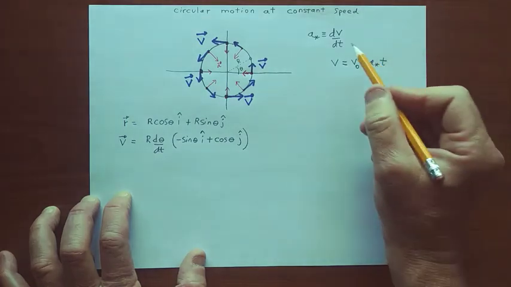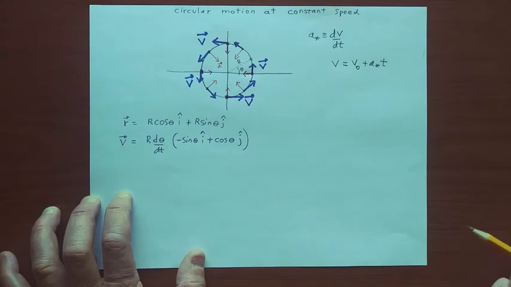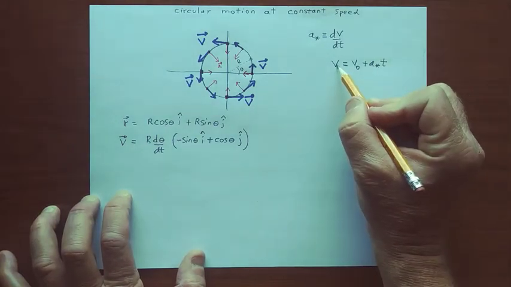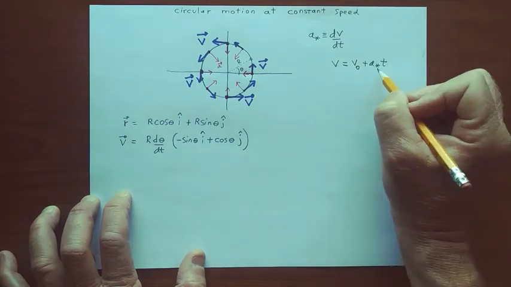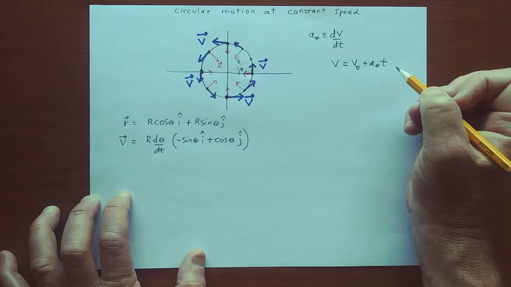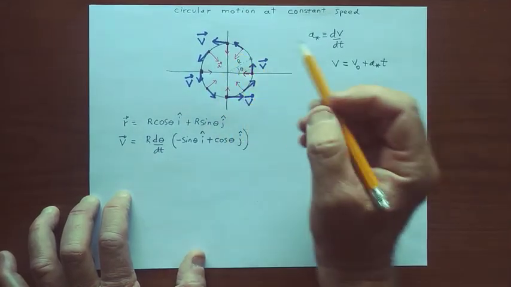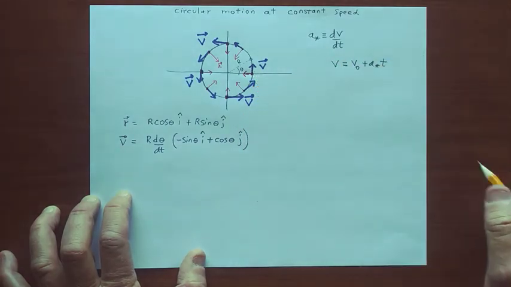And this kinematic equation that we derived from the definition of acceleration tells us that the v value changes with time if the acceleration is not 0. And yet that seems to be not occurring here. We have a non-zero acceleration, but the value of v is always the same.